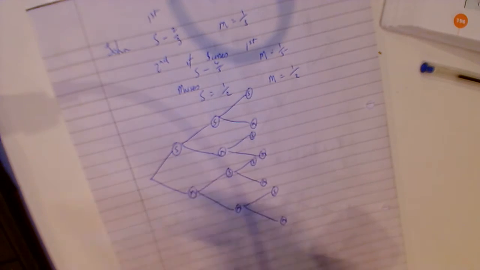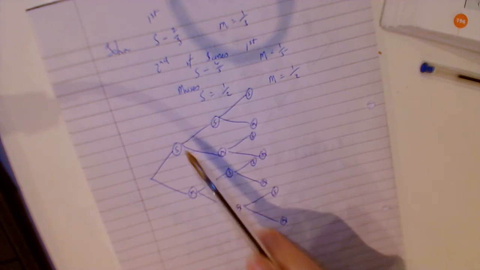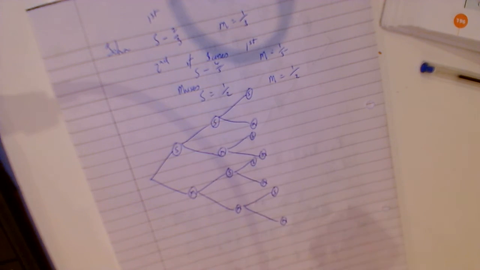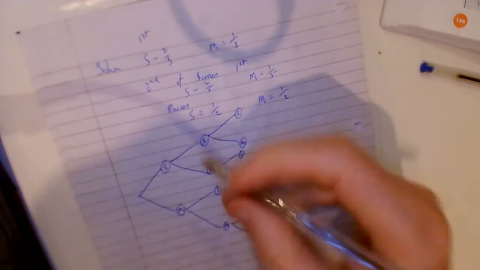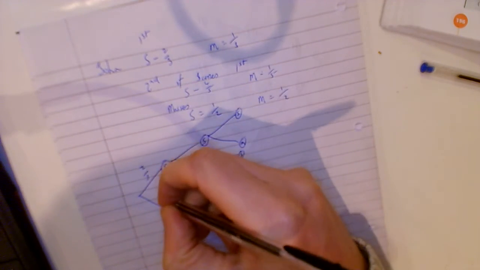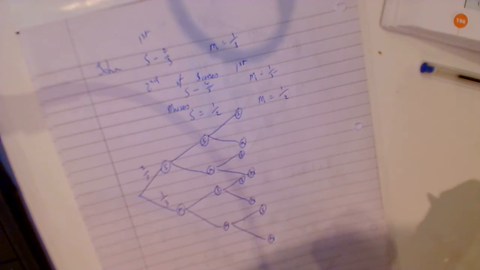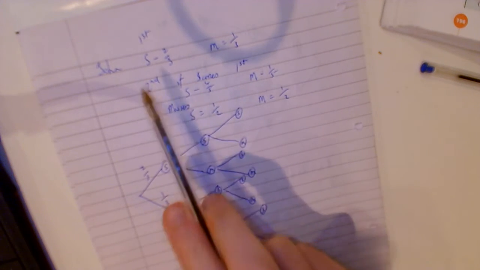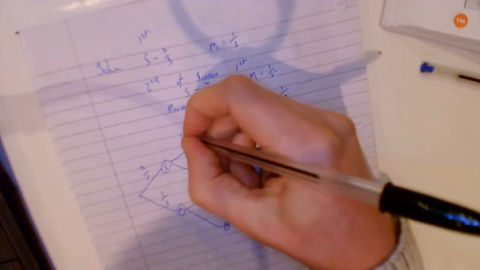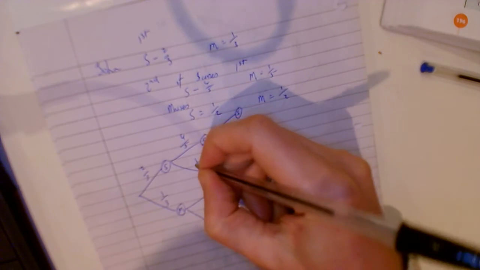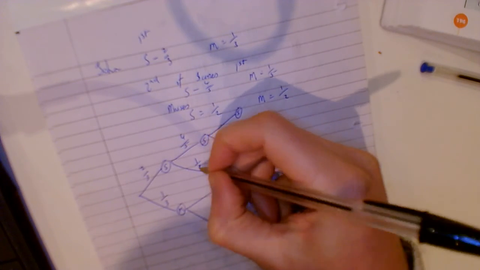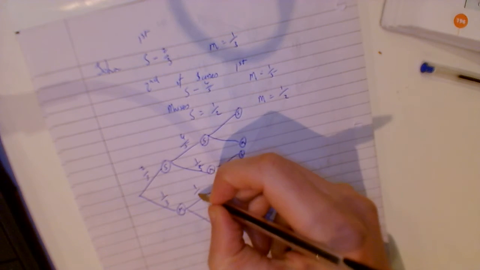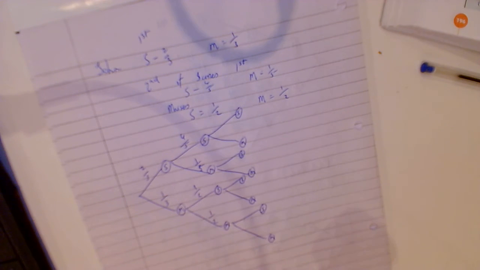So on each one of these branches that come out, the top ones score, the bottom ones miss. Okay? Right. So I said for the first one, it's 2/3 and it's 1/3. I said if he scored the previous one, he's got a 4/5 chance of scoring the next one. And he's got 1/5 chance of missing. If he misses, it's 50/50. It's 1/2 each way.